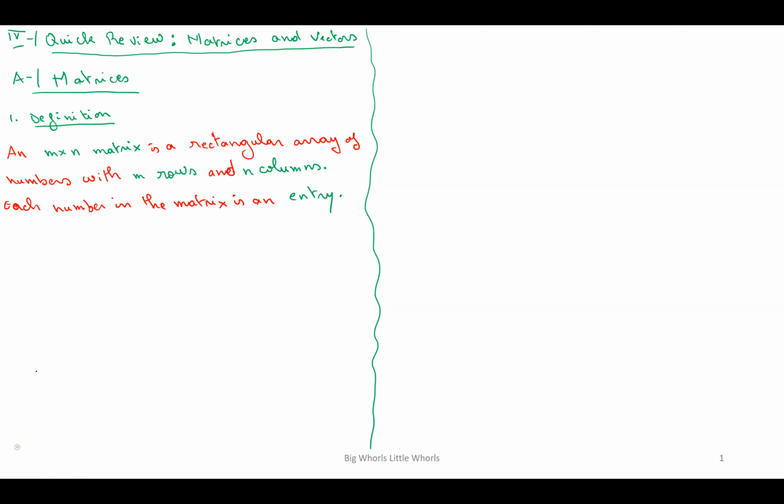Let me give you a few notes here before we continue. Note number 1: a matrix is usually denoted with an uppercase Roman letter.